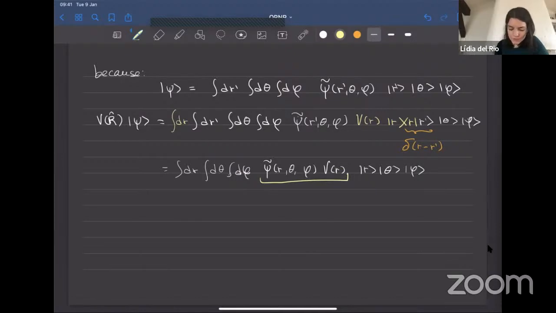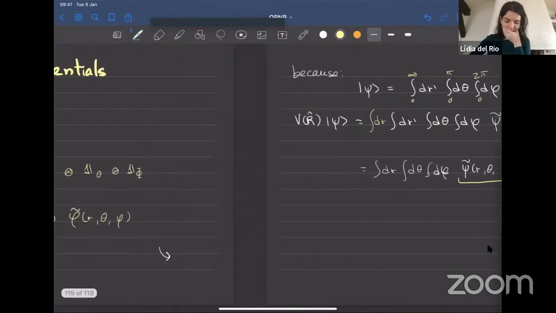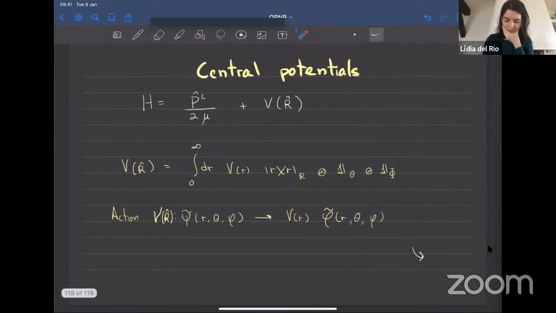And the integrals go from 0 to infinity, 0 to pi, 0 to 2 pi, and so on everywhere. Okay, so this is one part of the Hamiltonian. We want to know how the Hamiltonian acts on the wave function in spherical coordinates, because we're not going to transform this to Cartesian coordinates.